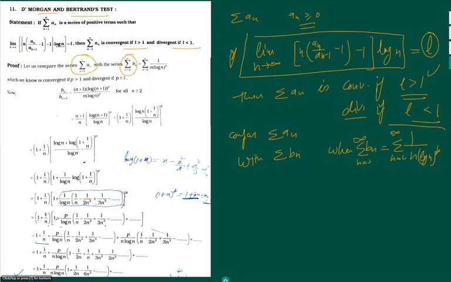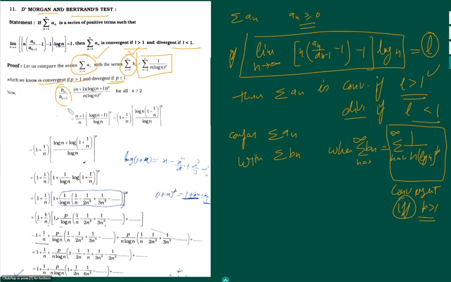So we have just seen that by Cauchy condensation test, this series is convergent if and only if p is greater than 1. So we compare the series An with the series Bn, where Bn is this series, and this series is convergent if p is greater than 1 and divergent if p is less than or equal to 1.